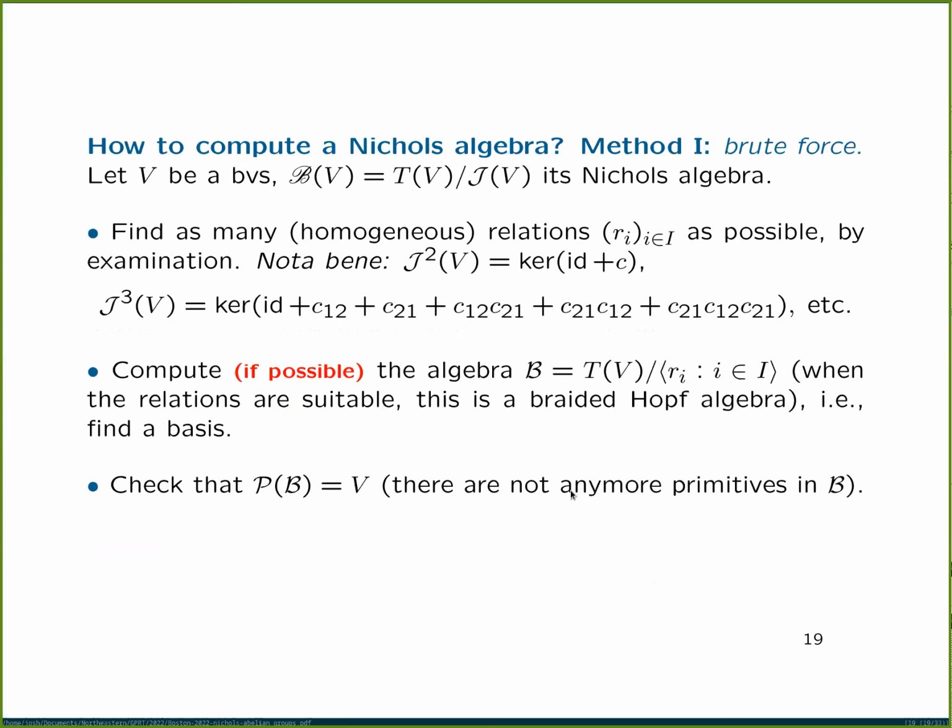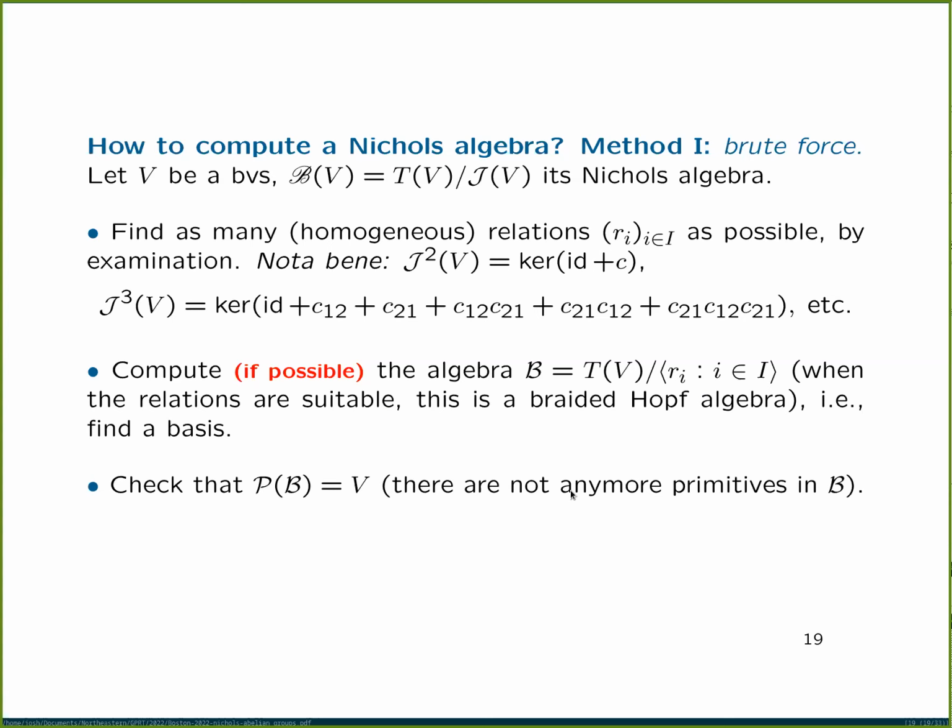Now I would like to explain how to compute the Nichols algebra in practice. There are several methods. The first method is by brute force. By brute force, I mean the following. Suppose you have a braided vector space V, and I want to compute its Nichols algebra. So I need to find this ideal J(V).